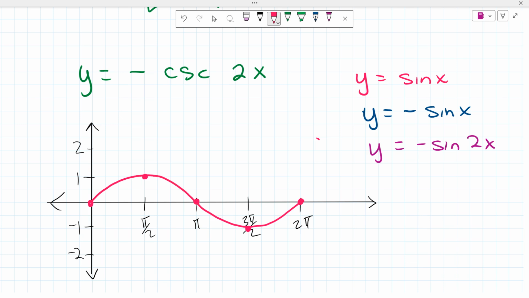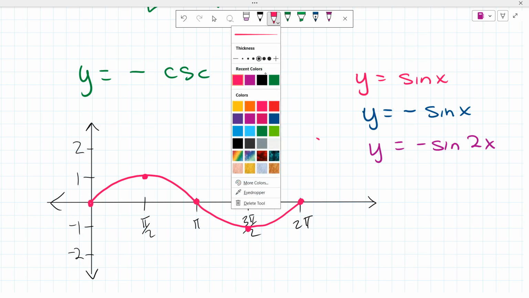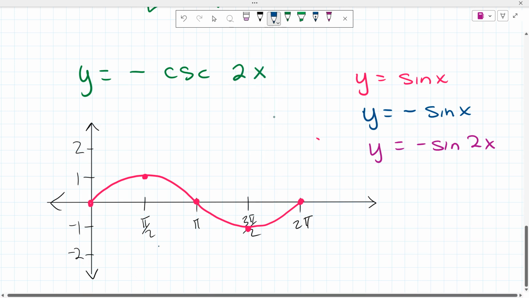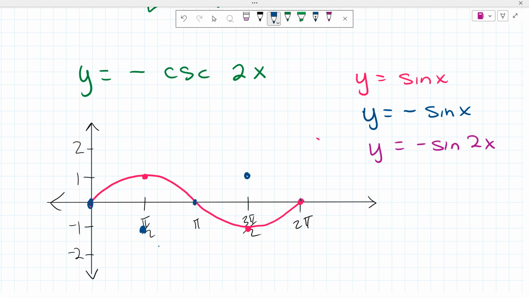Looks like that. What does negative sine of x look like? What do we do to get negative sine of x? Flip it. So that doesn't move. That goes to negative 1, doesn't move. There we are.